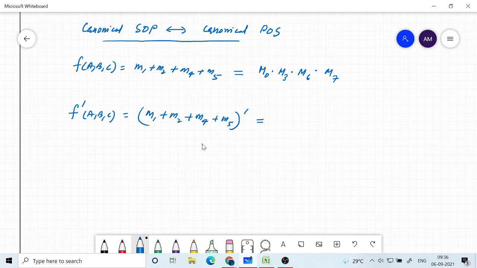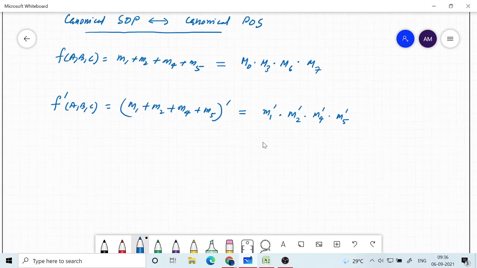Now by DeMorgan's theorem, we know that the complement of sum of many terms is basically given by m1 complement dot m2 complement dot m4 complement dot m5 complement. So this is basically the statement of DeMorgan's theorem.